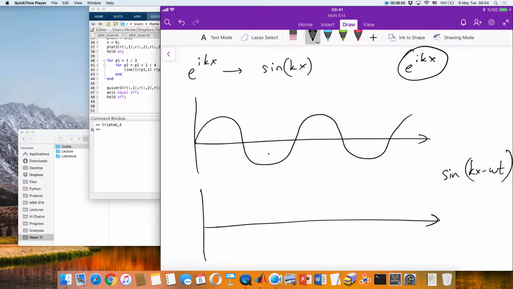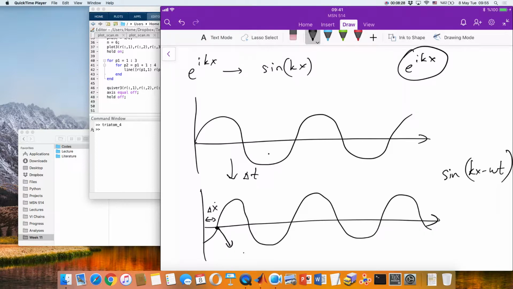After some time delta t, it will move. I know that it will move towards the right, and I will show you why. So let's say you have propagated at time delta t and you have come here, right? What is this point telling you?